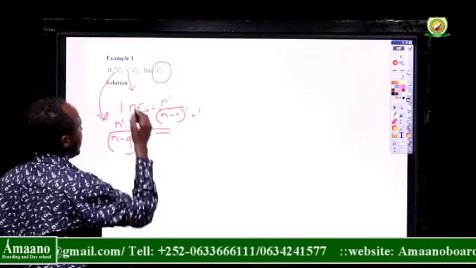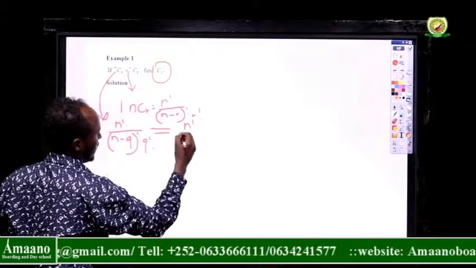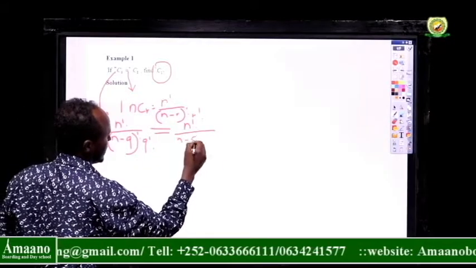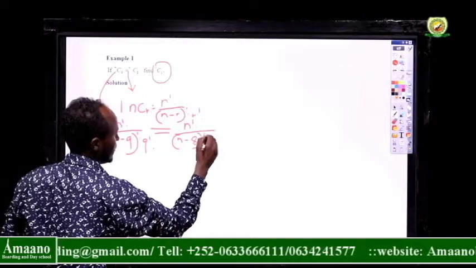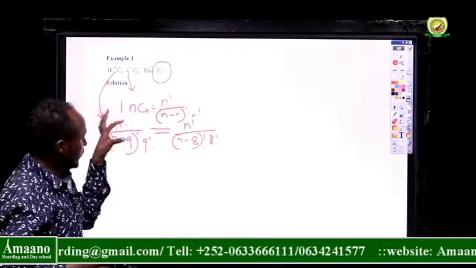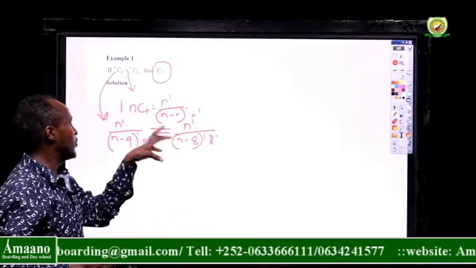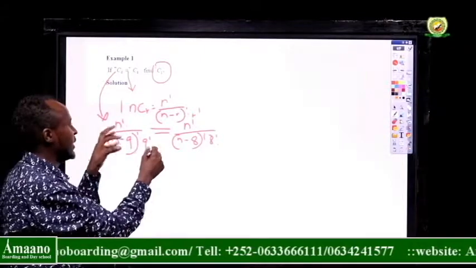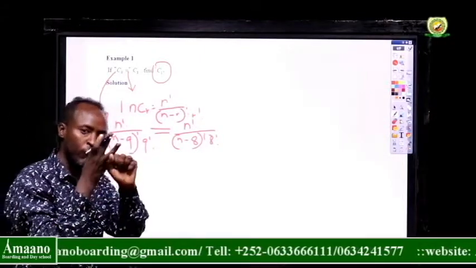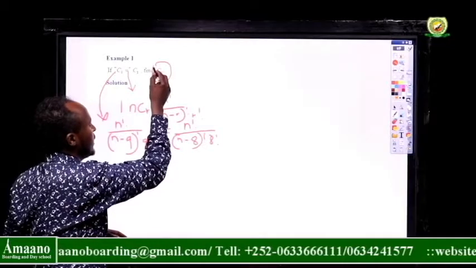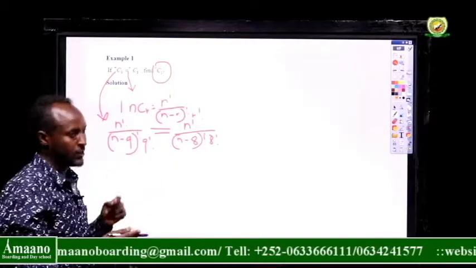This one is the same as n factorial divided by n minus 8 factorial times 8 factorial. If you proceed with this simple calculation, you can find the value of n from here. Then if you get the value of n, you can substitute here n combination 17.